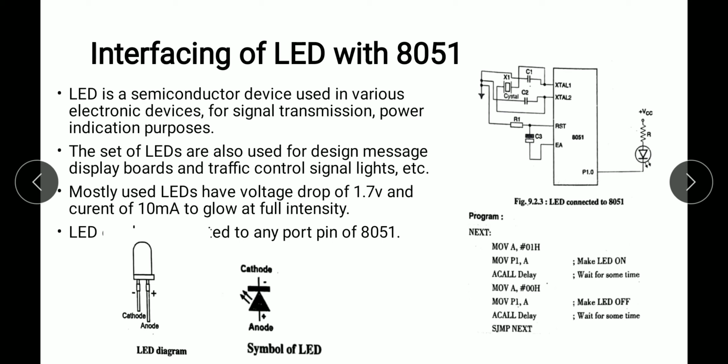After that, MOV P1, A means whichever value is present in A is copied to P1, and at that point the LED is on. This is nothing but the comments, at that instruction, make LED on.